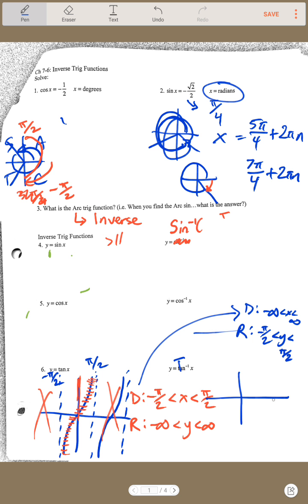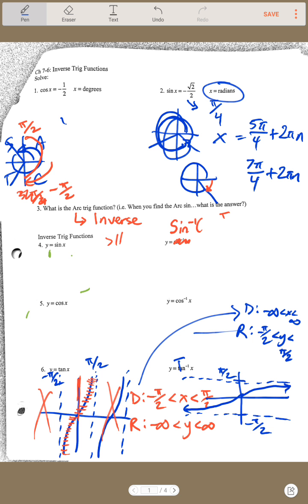I'm just not going to label that, but the range will just restrict to pi over 2 and negative pi over 2. And because we can't touch those values, we're now going to have horizontal asymptotes rather than the vertical asymptotes. And then from there, just imagine that because it is the inverse, this ends up getting swapped, so you'll now have more of a sideways curve, or I guess it looks like an S now.